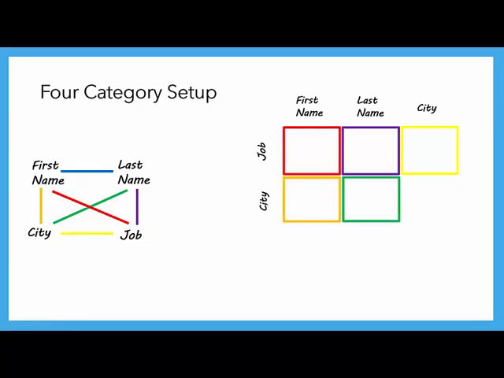So see how that covers 2 of the things at the same time? So city and first name's the orange, and city and last name's the green. And that leaves the last name for the bottom here to get matched up with first name. So 4 categories get 6 of these boxes. And notice how I had to change the order of these 2 on the tops and the sides.